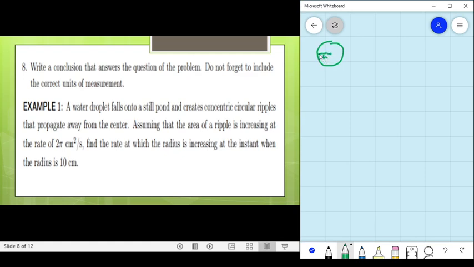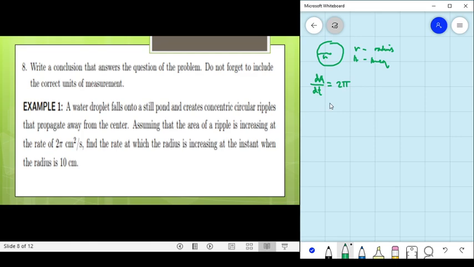Let r be the radius and A be the area of the circular ripple at time t. The given rate of change is that the area is increasing, so the derivative of A with respect to time is 2 pi.